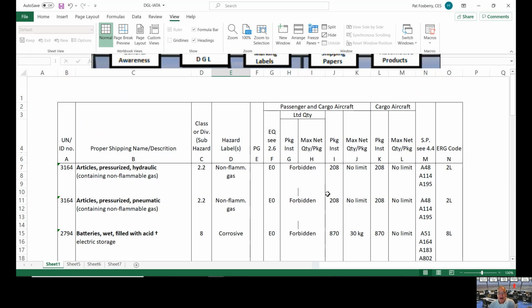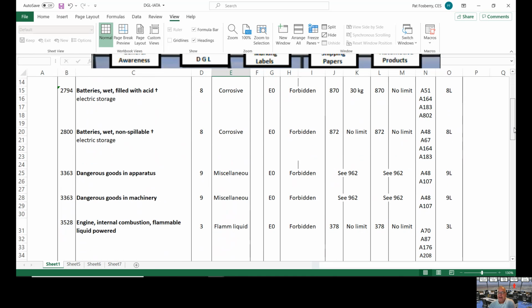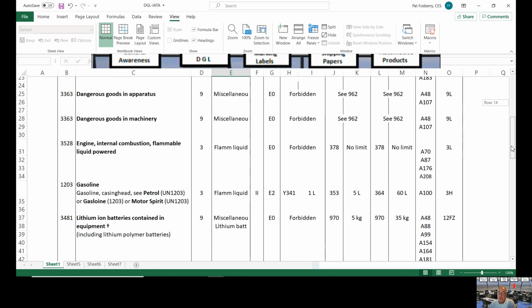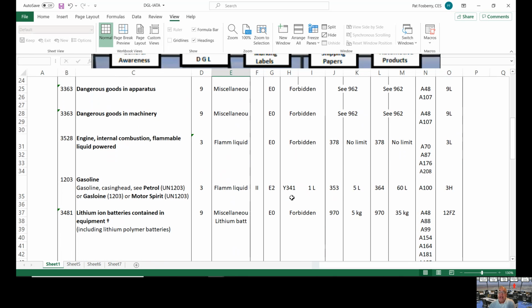So let's look down at your commodities, and we start off, we see forbidden, forbidden, forbidden, forbidden, forbidden. Again, we hit gasoline. Okay, gasoline, if we are shipping less than a liter, which is a quart, so that's not even a gallon. I mean, that's a fourth of a gallon.